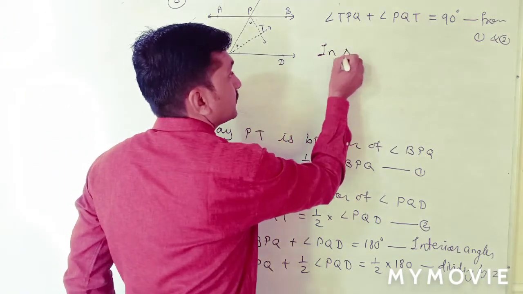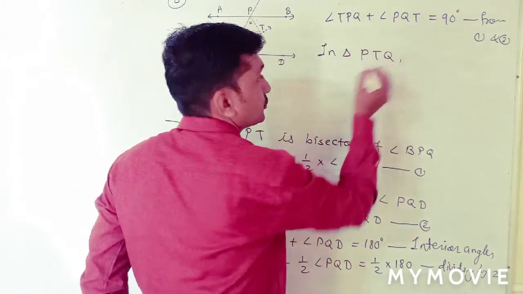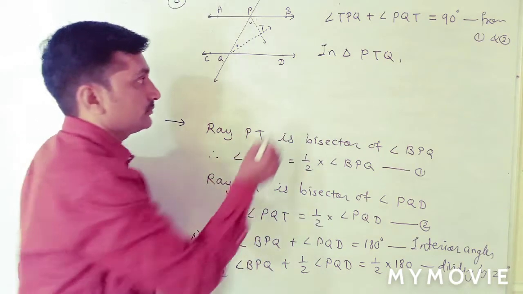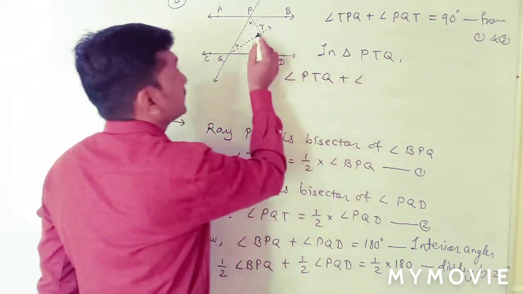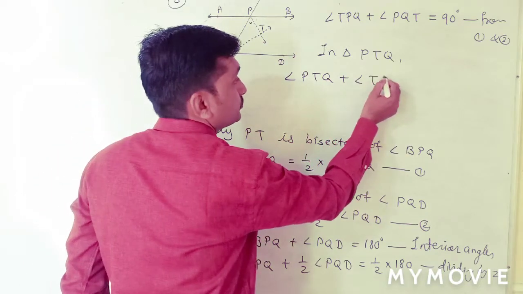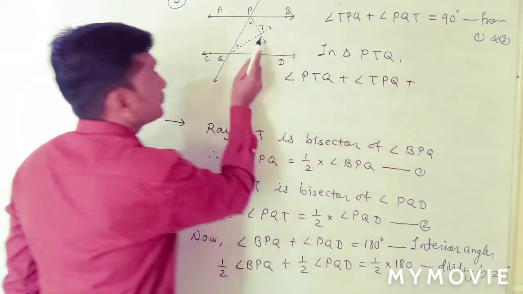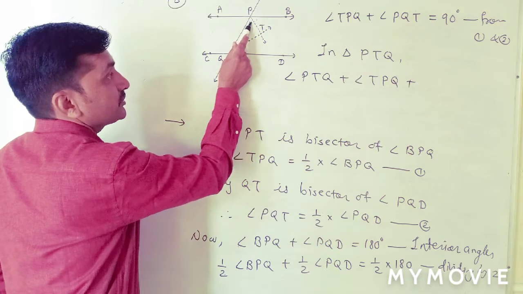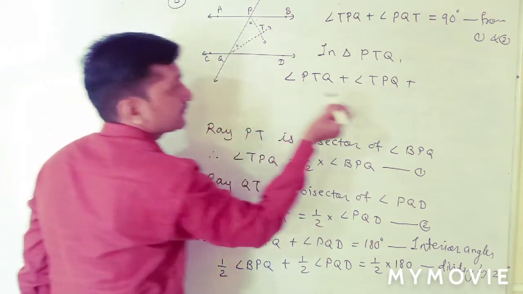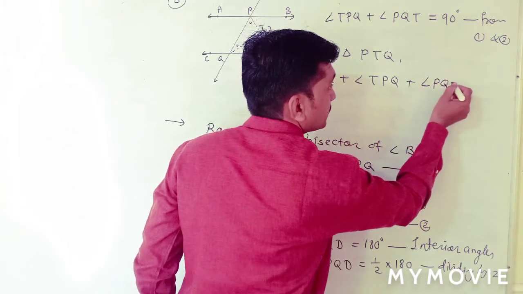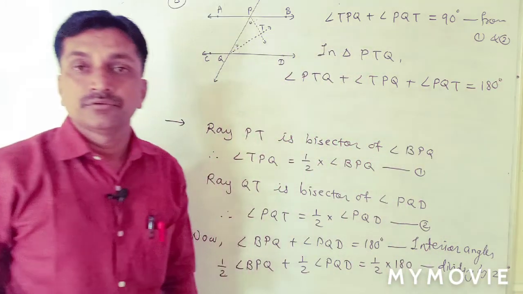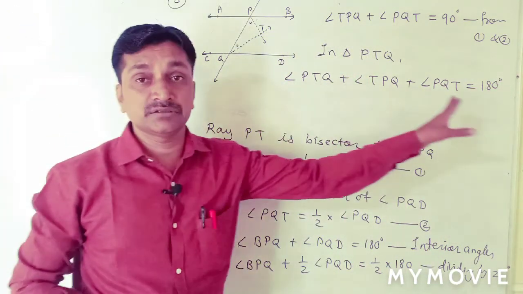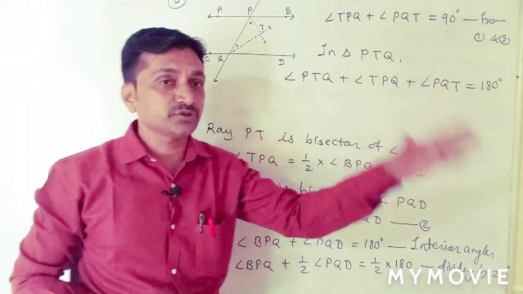For that, consider this triangle PTQ. In triangle PTQ use the angle sum property. Angle PTQ plus angle TPQ plus angle PQT is equal to 180 degrees. Sum of three angles of a triangle is 180.